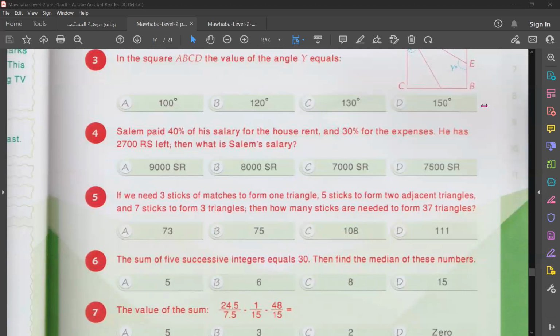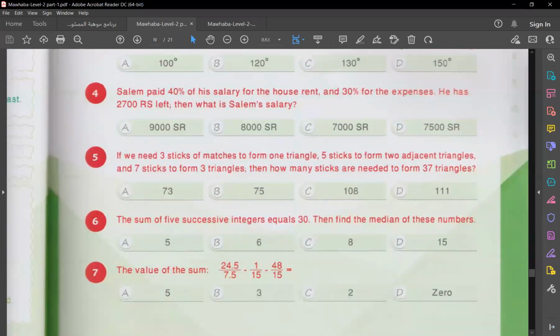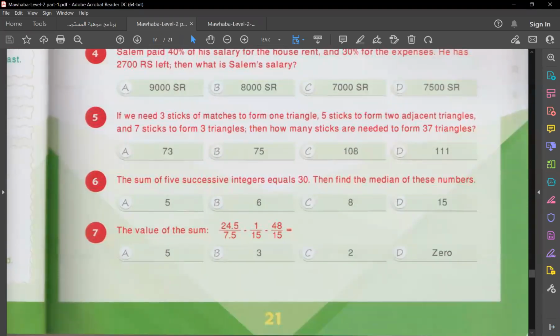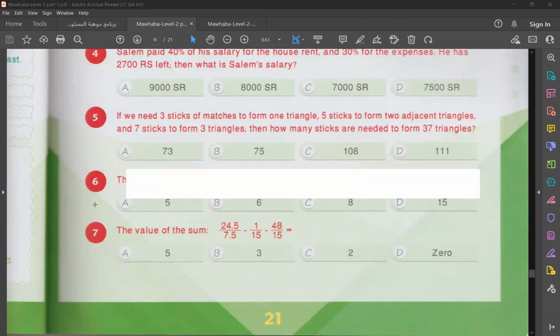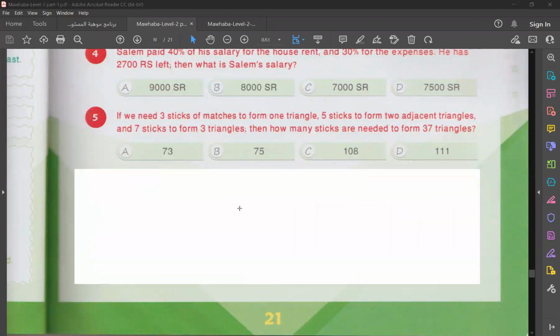Now we will go to Arif. Arif, can you read number 5, please? I want to give you an idea of how to solve this problem. Don't worry, I help you, but I want you to think how to solve the problems in Mawhiba. Okay, go ahead, Arif.